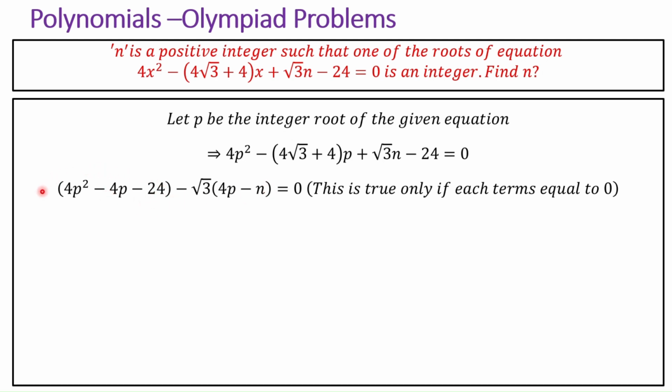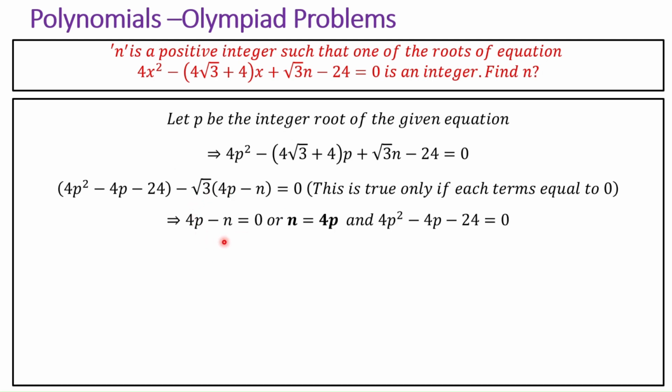Then I am basically grouping the square root terms. So 4p square minus 4p minus 24, and then square root of 3 into 4p minus n, equal to 0. I rewrote the equation like this.